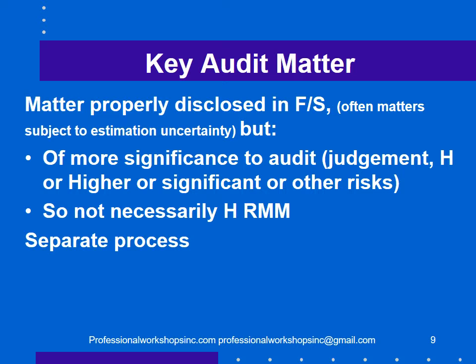But it was considered by the auditor to be significant to the audit. It required significant auditor judgment. It was a significant or some other kind of risk. So not necessarily high risk of material misstatement. Could be other than high risk of material misstatement, but something that the auditor thought was significant to the audit. So it's a completely separate, though possibly parallel process.